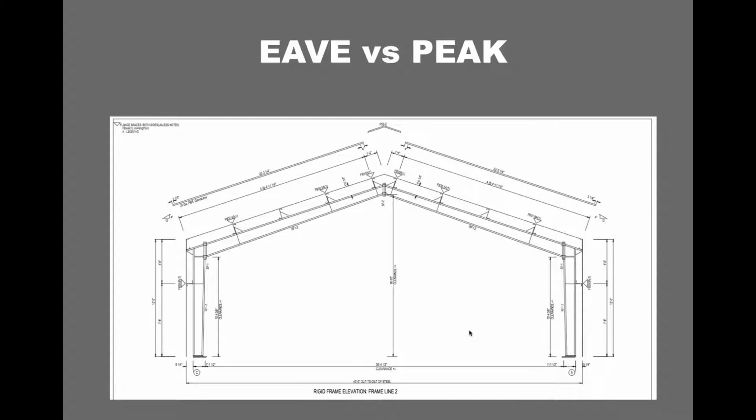So anytime someone asks you how tall do you want your building, or how tall is your building, they're referring to the eave height of your building. So important stuff, basic stuff, but it's good to know this. It's good to lay this foundation now, because later you'll start to see these sorts of things pop up. So one more time, you've got your eave here and your peak here. All right, let's go on to the next section.